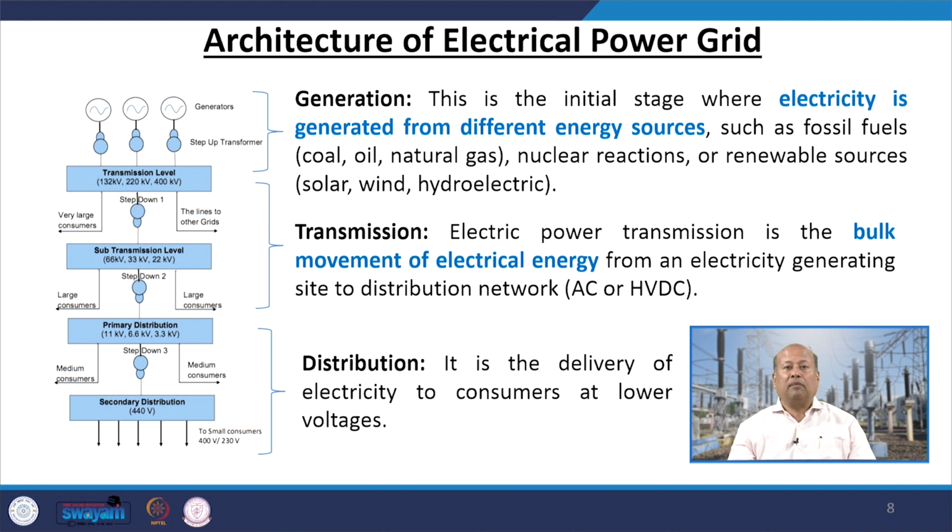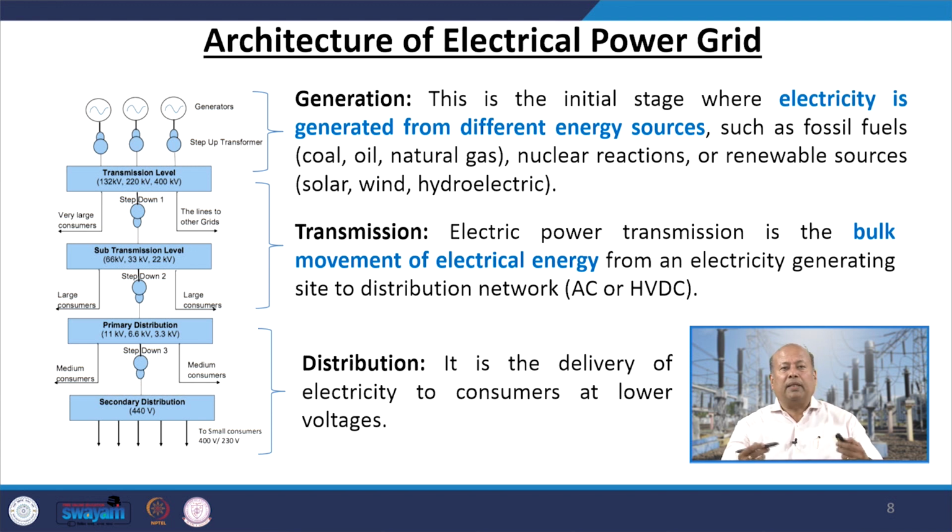Then we also have nuclear power plants, using nuclear reactions. And along with that, we have renewable sources, which are solar and wind majorly, but considering its green nature, hydroelectric power systems can also be considered renewable sources.